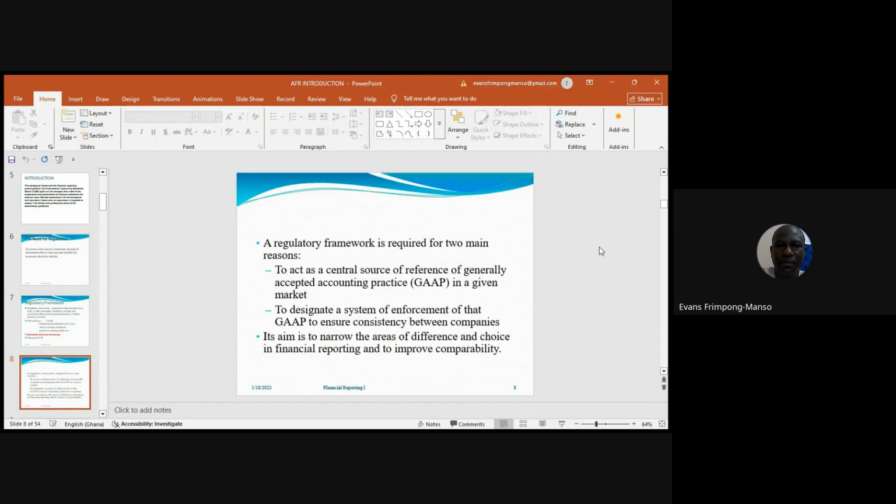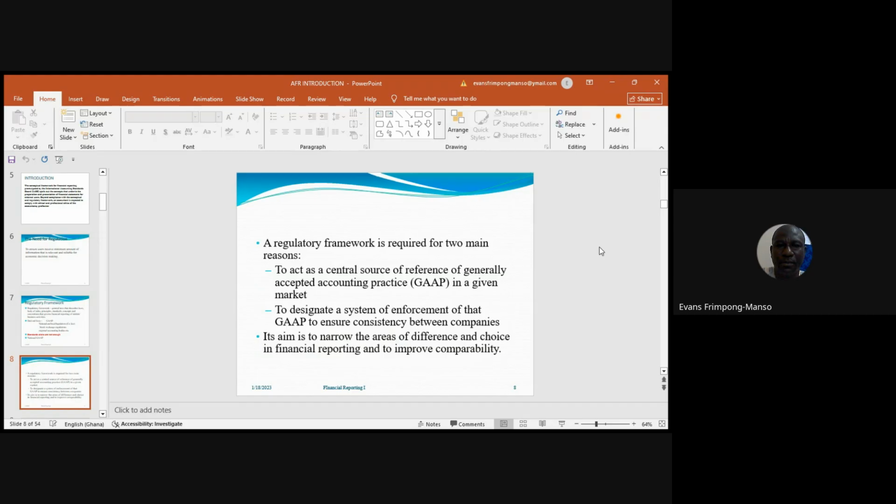And then this regulatory framework will also usher in an enforcement regime, because it is one thing setting the rule and another thing enforcing it. So one leg is to act as a central source of reference, and the other leg is to enforce that the generally accepted accounting practices have been complied with.